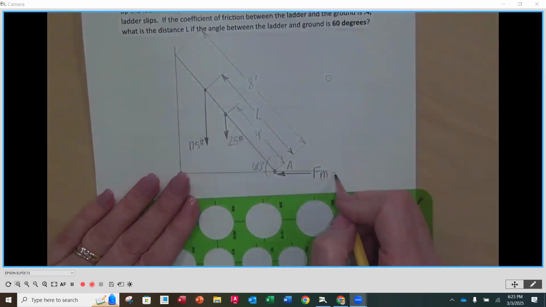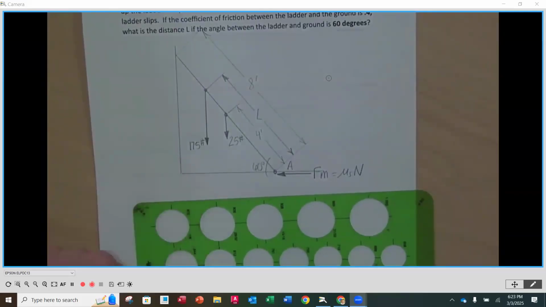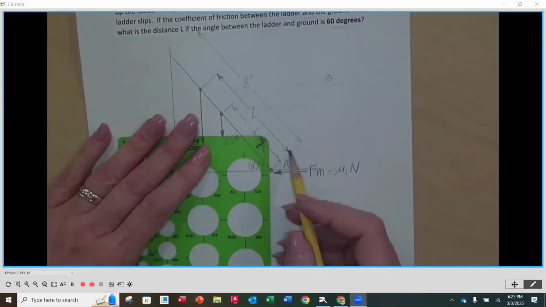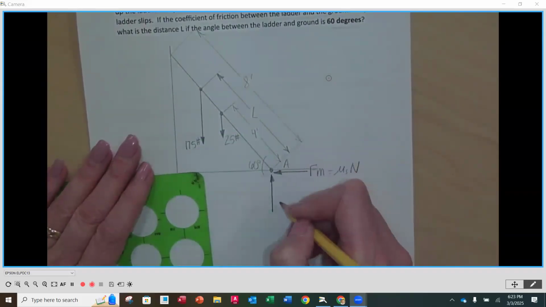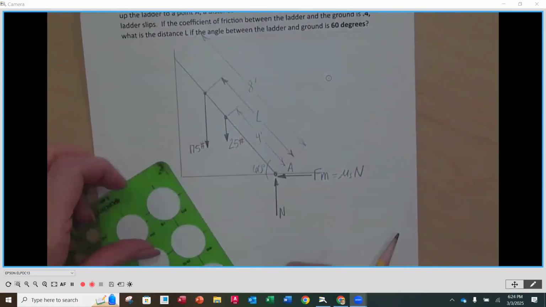And we know this to be the coefficient of static friction times the normal force, right? We also know that if this is where the ladder is, that is also the point where our normal force is going to be. Our normal force.